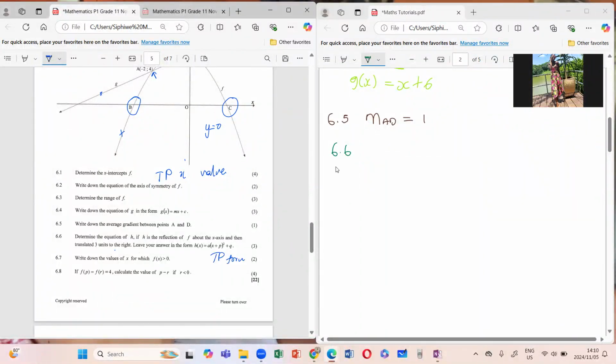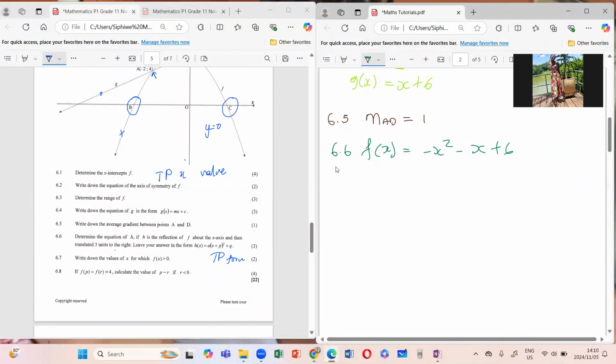So the very first step that we need to do here is to change our current equation, which is f of x equals minus x squared minus x plus 6, into the turning point form. Then step 2 is that we can apply these transformations.